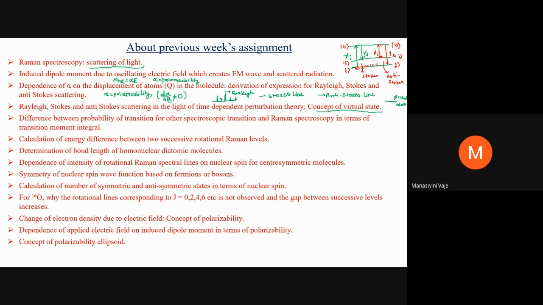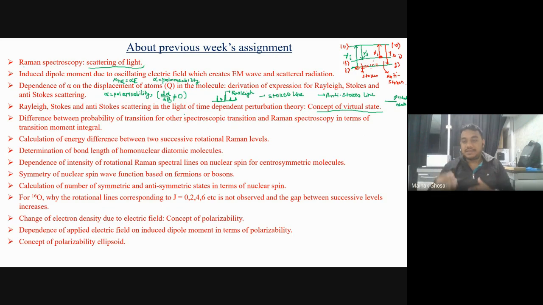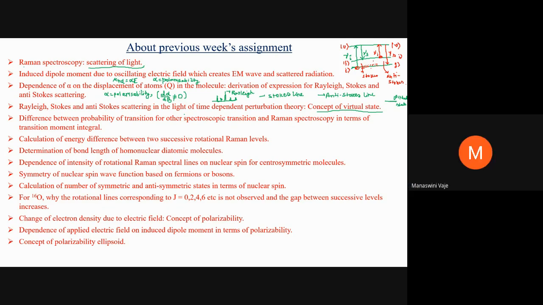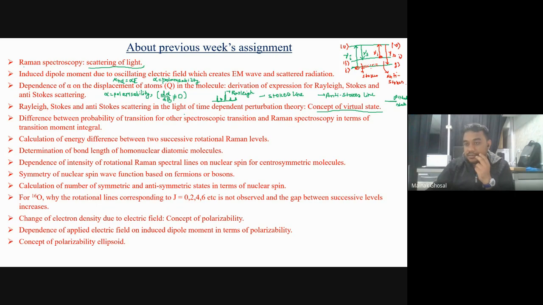Statistical thermodynamics says that at room temperature the lower states are always populated. As you increase the temperature, more molecules go from the lower state to the higher state. Exactly. So at room temperature, more molecules will be in this state, right?